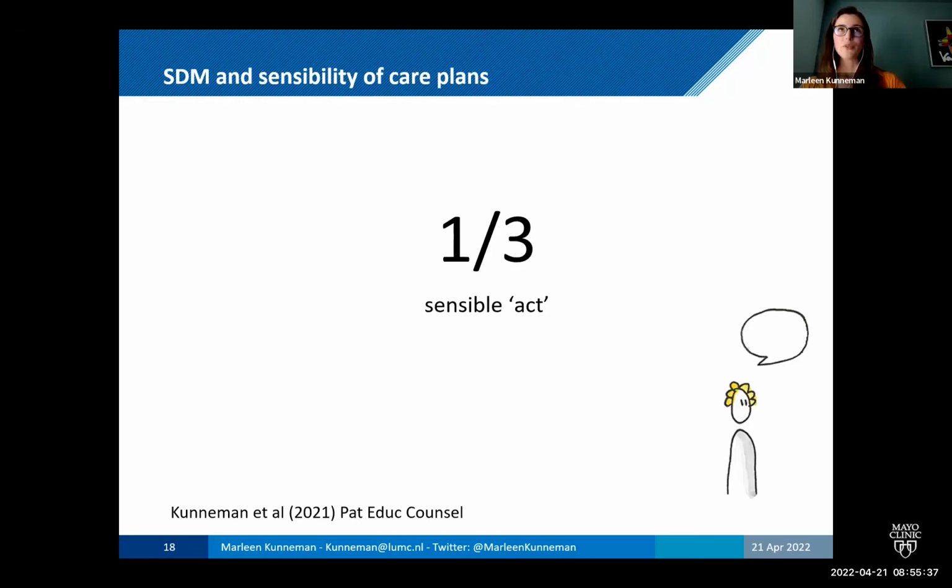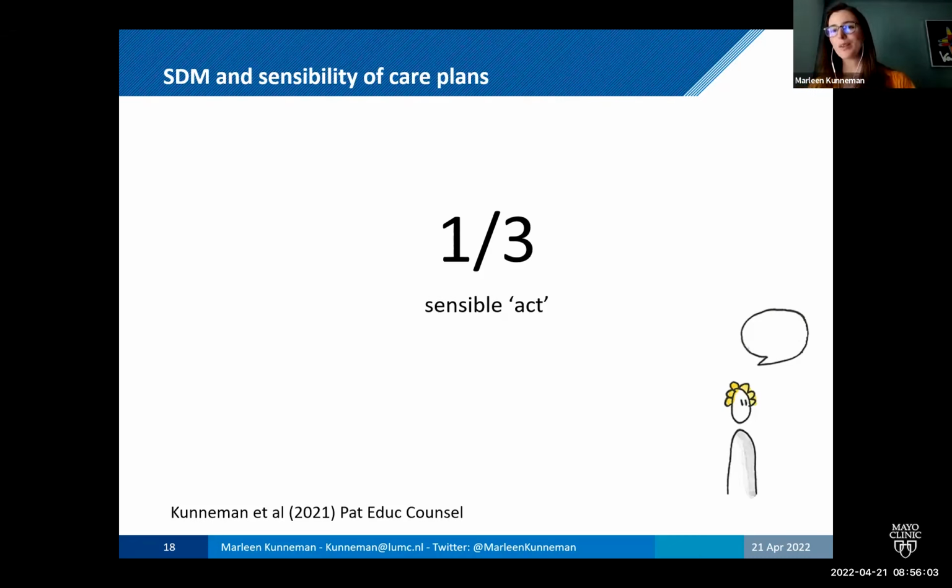In our attempt to bridge the gap and to look at what is actually relevant when we evaluate efforts of making care fit, we wanted to look at the sensibility of care plans. So we asked patients how sensible their care plans were on a Likert scale, and we asked them to provide arguments for this sensibility.